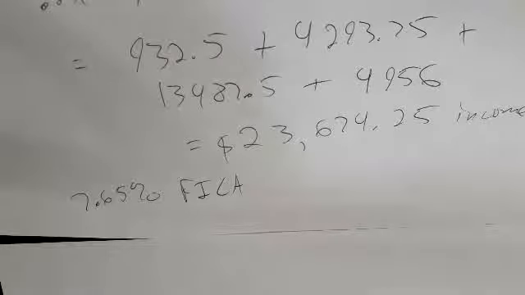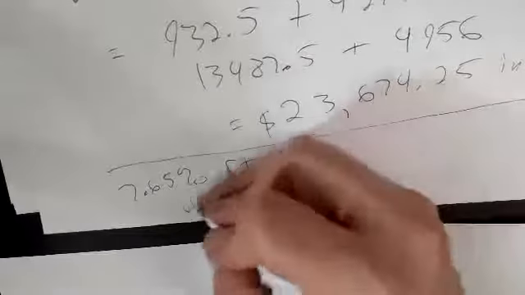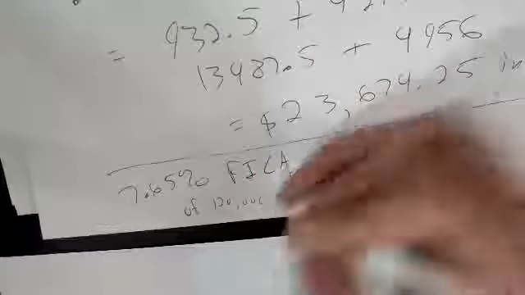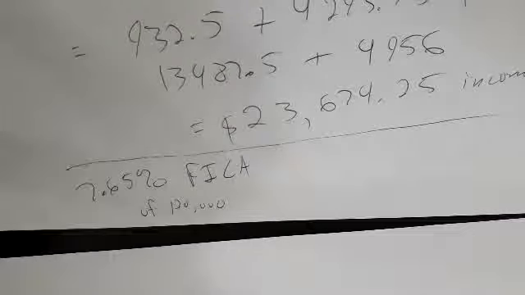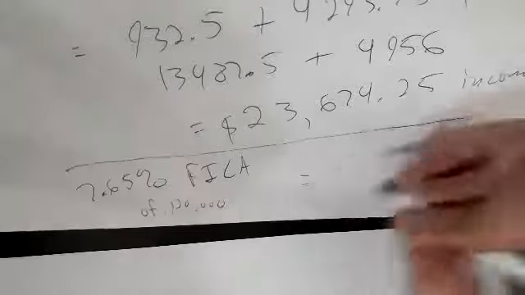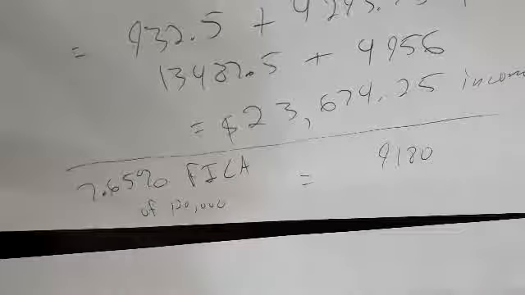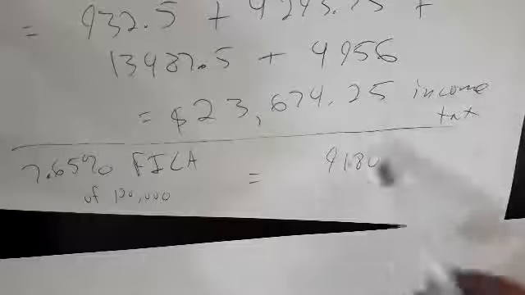They wanted us to do that. If we know 7.65% is FICA, and we know 7.65% of what we're doing is his 120K, just the gross income, .0765 of 120K is going to give me 9,180.